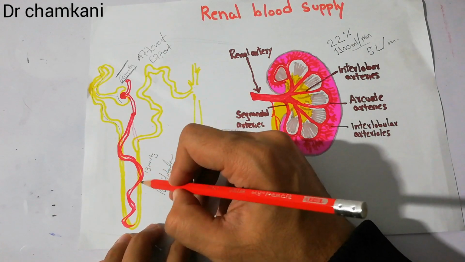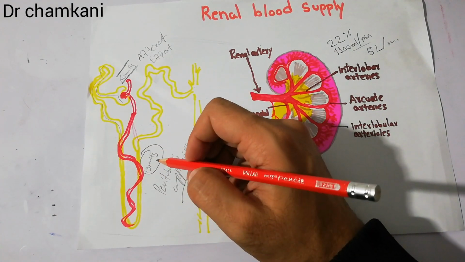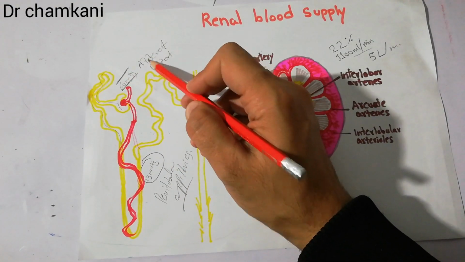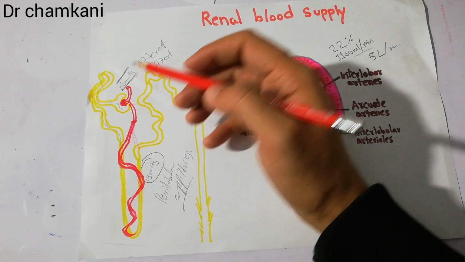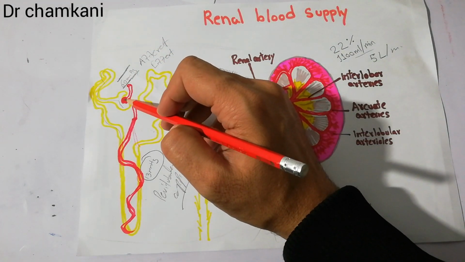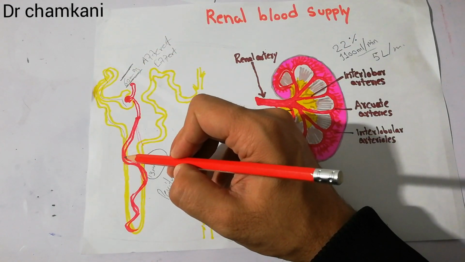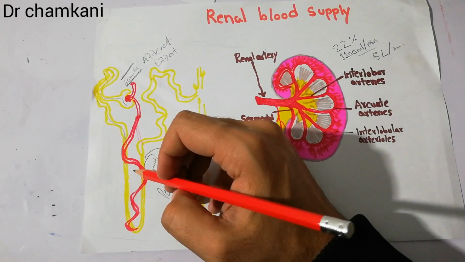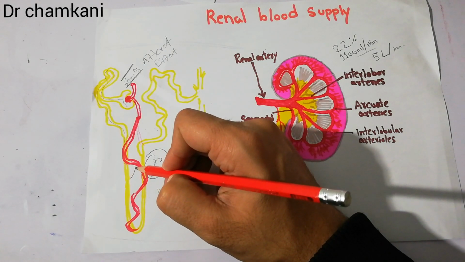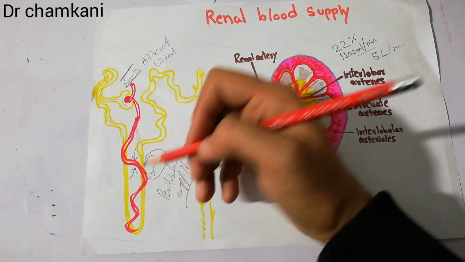The pressure in these peritubular capillaries is very low, around 13 millimeters of mercury, which is pretty low compared to the hydrostatic pressure in the afferent arterioles or the glomerular capillaries. So due to high pressure, the plasma is filtered here, and due to low pressure, the good substances which are needed in the blood get absorbed into these peritubular capillaries.